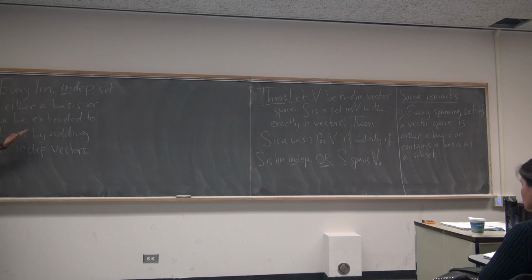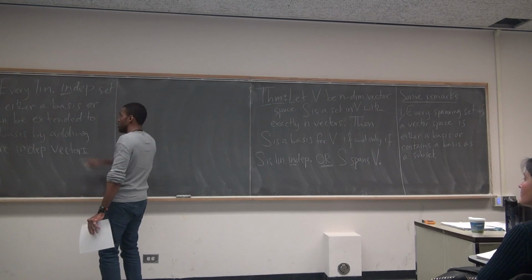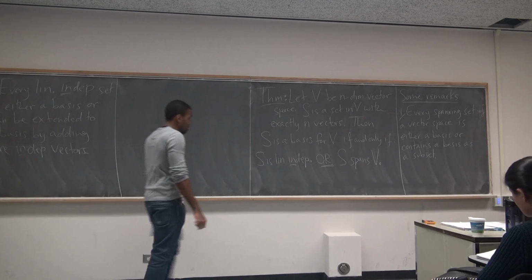So if you're in a three-dimensional vector space, for example, and you have a set that has two vectors, you know it can't be a basis. But if they're linearly independent, all you have to do is find one other vector to add to that set, and it can be a basis. All you have to do is check that the vector you're adding is independent of the previous two, and you will get a basis.